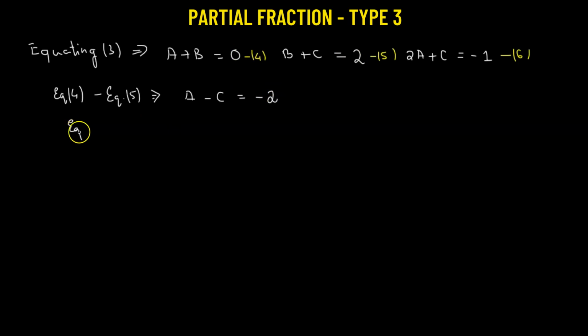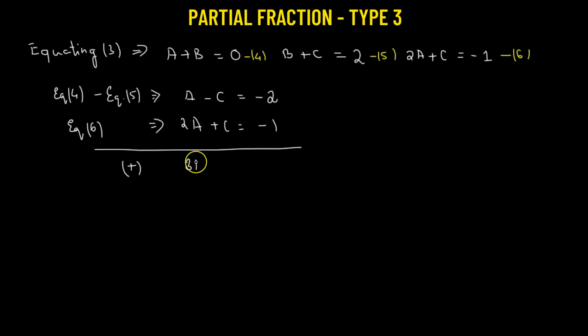Then we take equation number 6 and keep it as it is, so 2A + C = -1. Now we add these two equations. On adding, we have 2A + A, that's 3A. C and -C cancel out. Then we have -2 and -1, that's -3. Solving for A, we get A = -1.